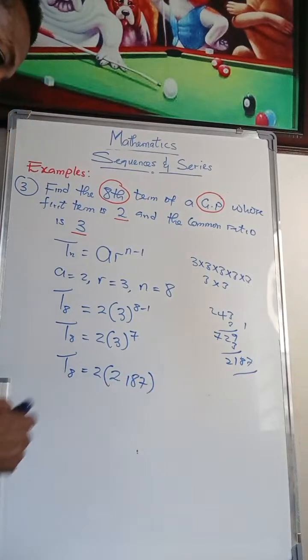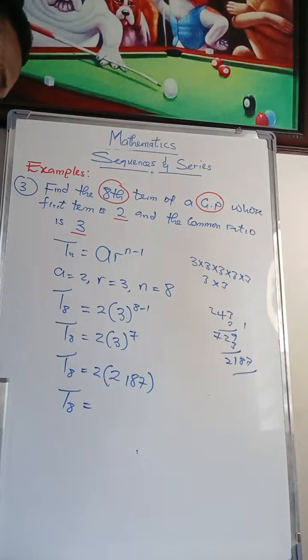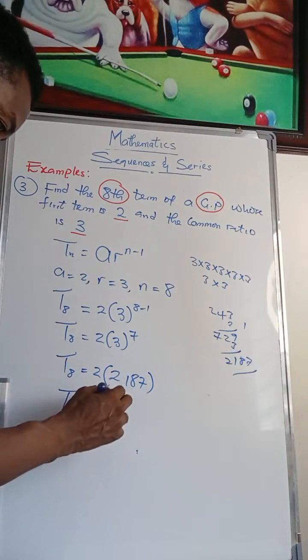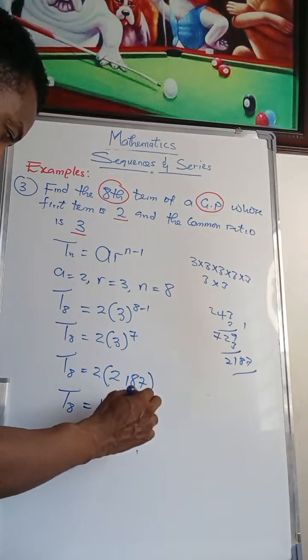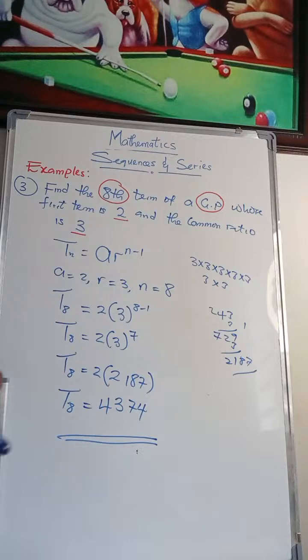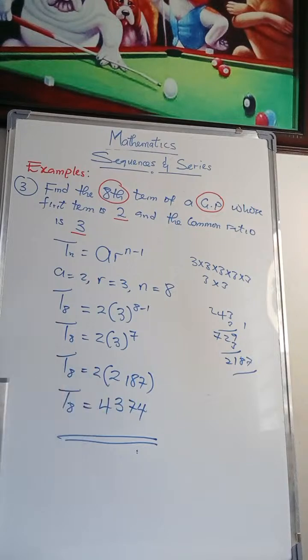We multiply that by 2, and we have 4,374. So the eighth term of this geometric sequence is 4,374.